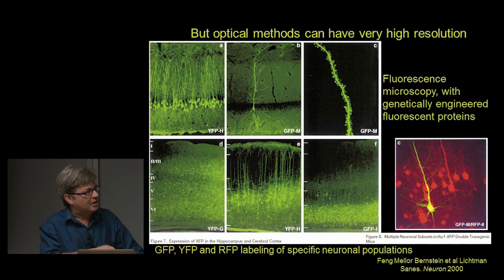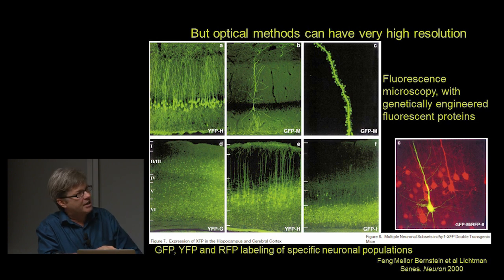And this is a lovely paper from Jeff Lichtman and Josh Sanes's group then at Washington University, where they put green fluorescent, yellow fluorescent, and even red fluorescent proteins in individual neurons or individual types of neurons, and could take these amazing pictures of groups of neurons, single neurons, and even very high resolution pictures of dendrites, of a little bit of a neuron.